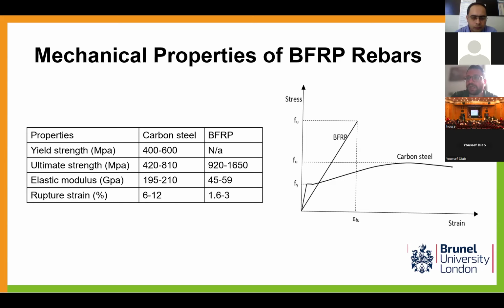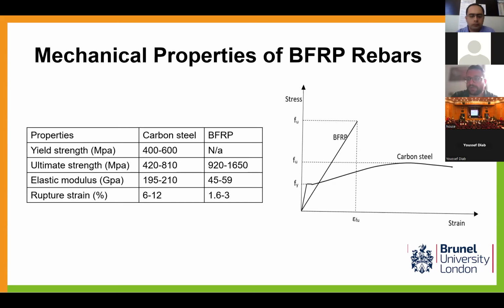In this case, you will have a higher dissipation system. So FRB alone, I don't know. I didn't see any research using only FRB reinforcement alone in shear walls, for example. But I've seen some research where they use it with other materials like carbon steel and also shape memory alloy.